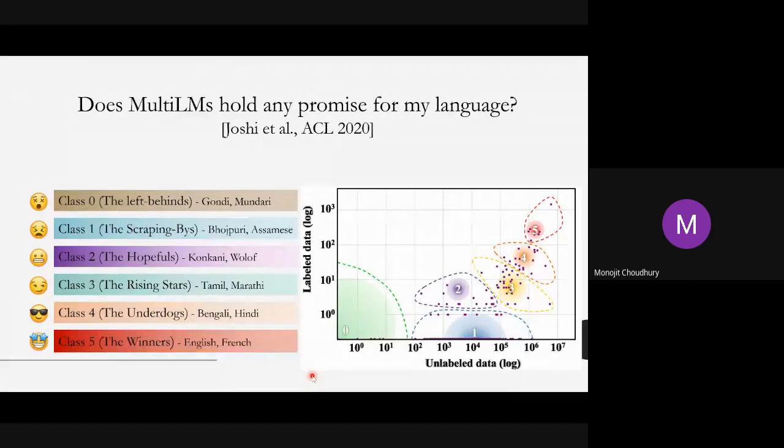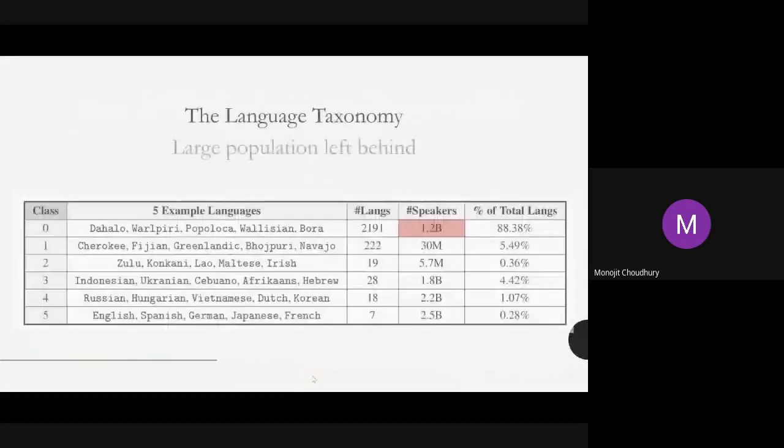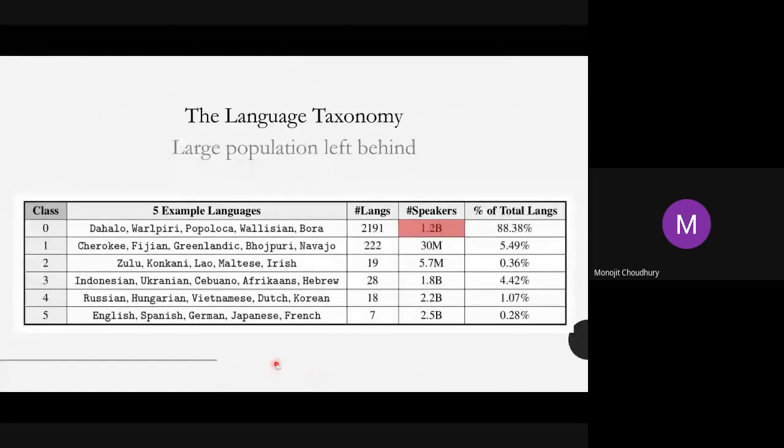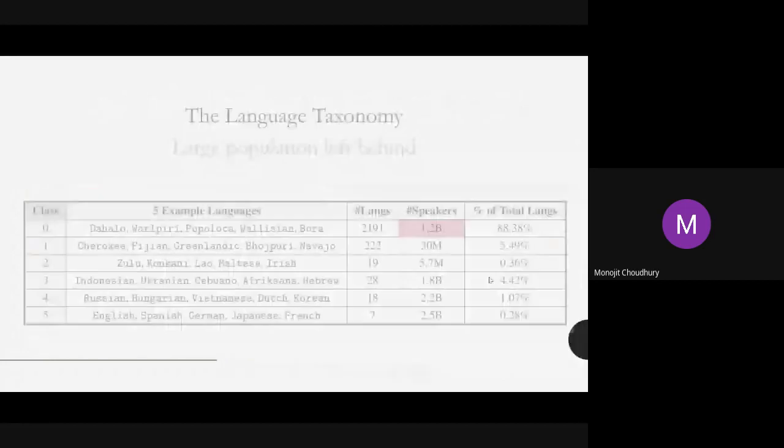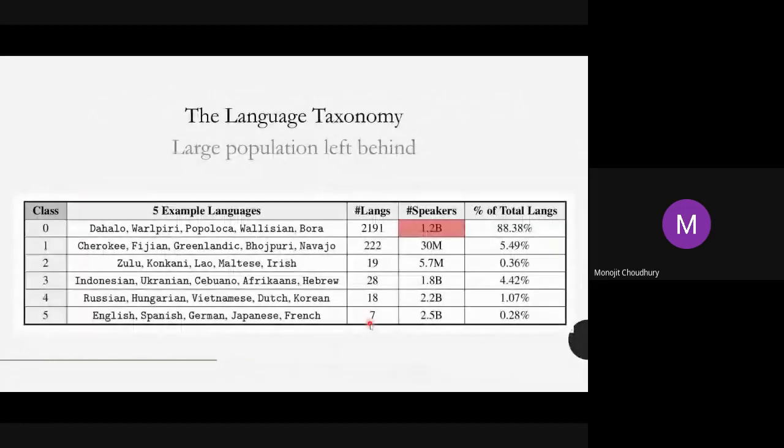So I already showed you this graph and explained it. I won't get into the details again, but I will just show you two things. In the fifth class, which has all the resources, class 5, there are only 7 languages, English, Spanish, German, and so on, 2.5 billion speakers, but only 7 languages.